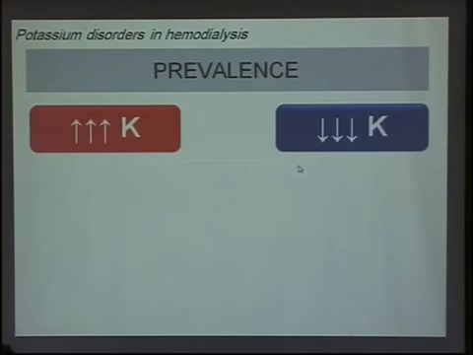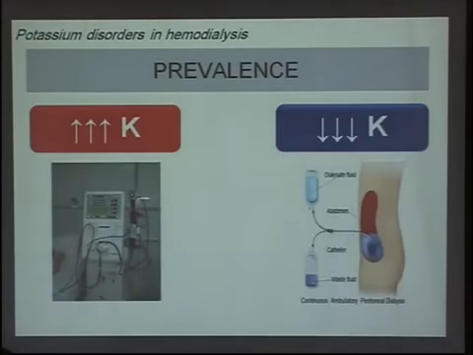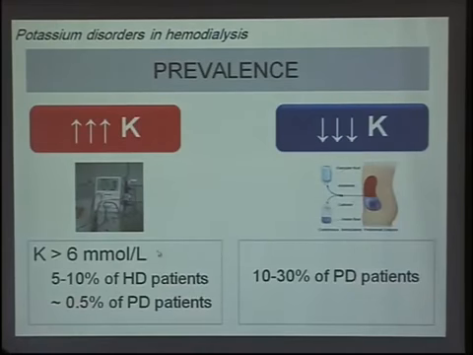So what about prevalence of dyskalemia in hemodialysis? As we all expect, hyperkalemia is more common in hemodialysis patients, while hypokalemia is more common in peritoneal dialysis patients. Therefore, about 5 to 10% of hemodialysis patients will have potassium more than 6, in contrast to only 0.5% of peritoneal dialysis patients.